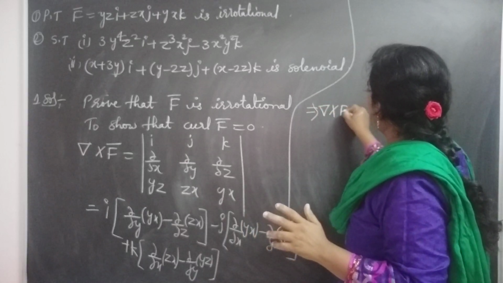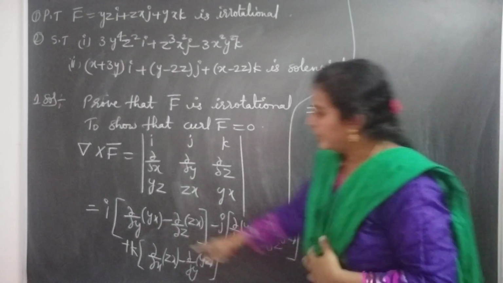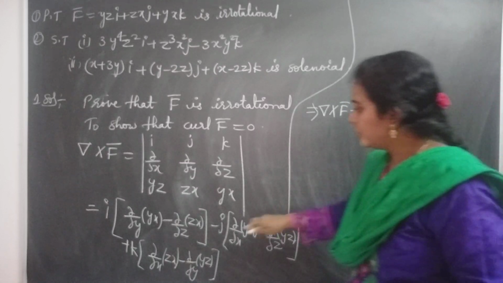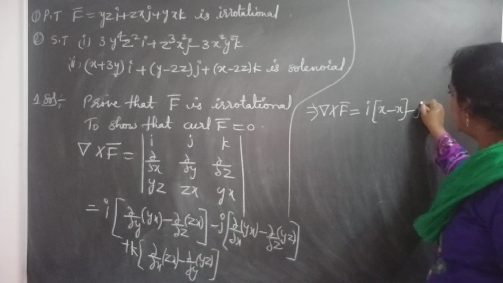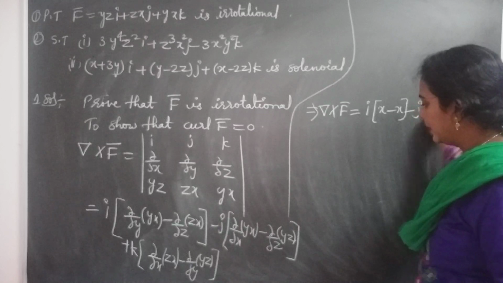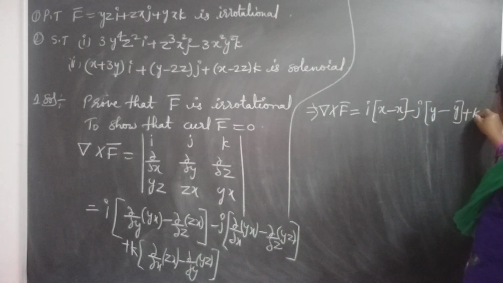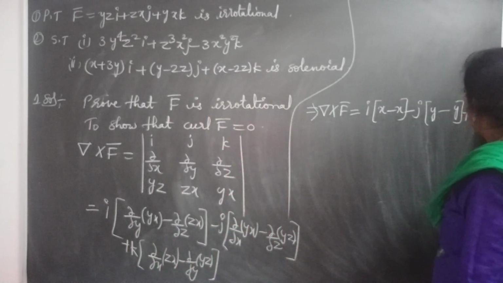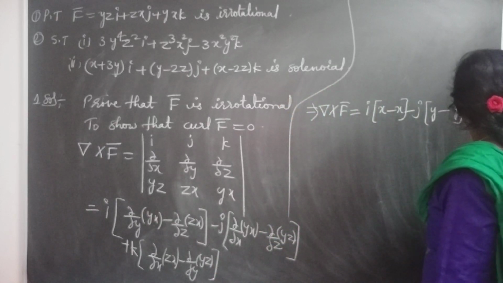Del cross F vector is equal to i into, y derivative is 1, the remaining term is x; z derivative is 1, the remaining term is x; minus j into, x derivative is 1, remaining term y; z derivative is 1, remaining term is y; plus k into, x derivative is 1, the remaining is z; y derivative is 1, the remaining is z.